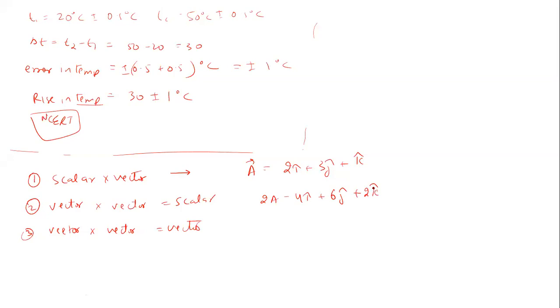Next type of multiplication is a vector with a vector, that is known as dot product, or scalar product. So how do we represent the dot product? a dot b will be equal to ab cos theta, where theta is the angle between a and b.